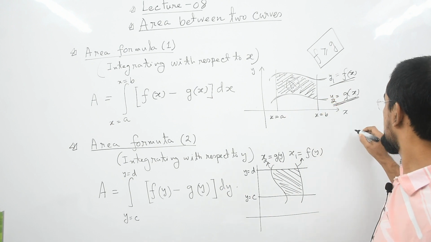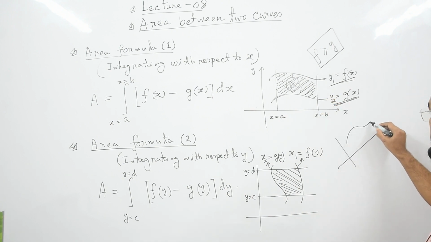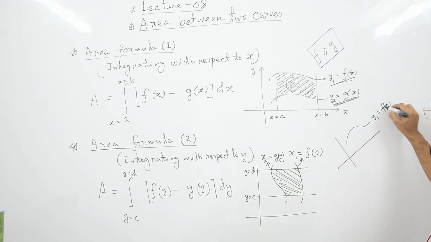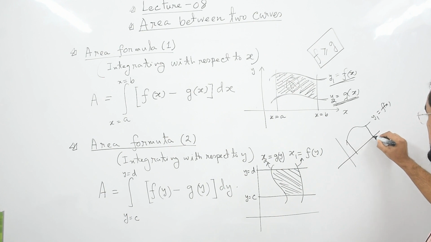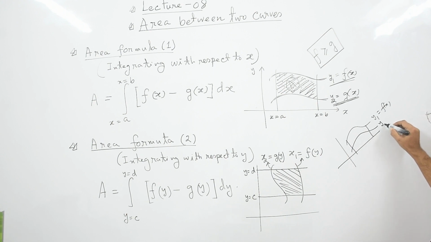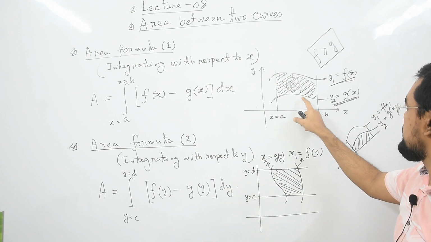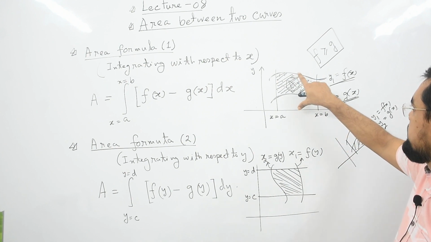So let's say if you want to know area below y1 equal to f(x), then this one will be your area. But if you want to calculate area between f(x) and g(x), then you need to subtract this region from the whole area. So we need to subtract this white region from the whole area.